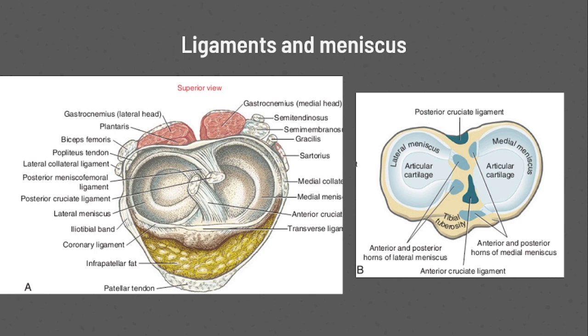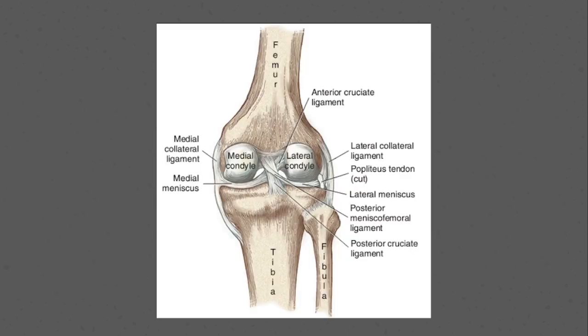The most important extracapsular ligaments are the MCL and the LCL. The medial collateral ligament connects the medial condyle of the femur to the medial meniscus and the medial surface of the upper end of the tibia.